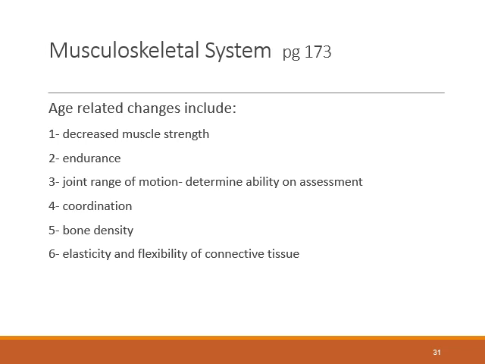Musculoskeletal system. So some age-related changes that occur would be decreased muscle strength, endurance, their range of motion. So that range of motion is something we really need to determine when we do our head to toe. We want to determine the ability of their joints to move. So move backwards, move upwards, and that's each side also.